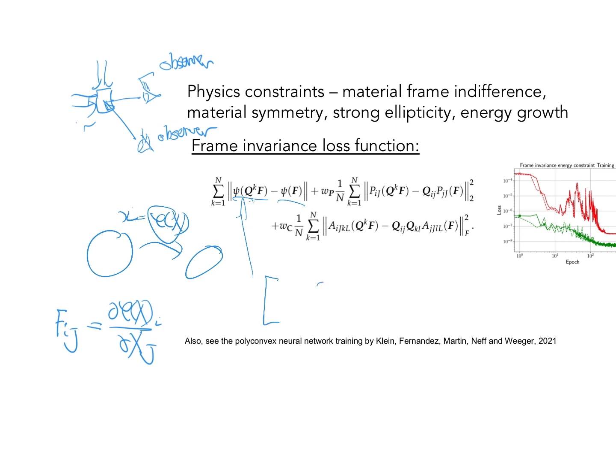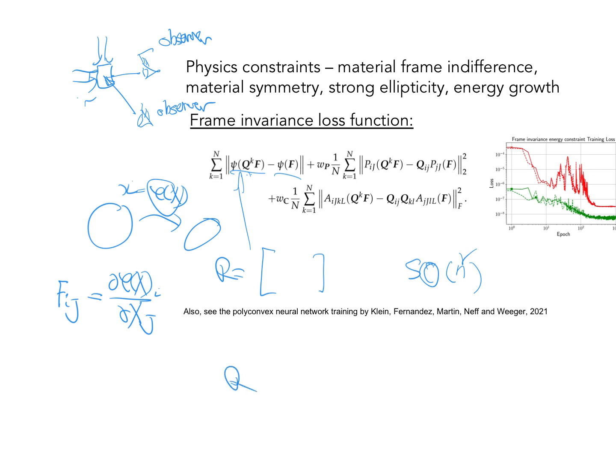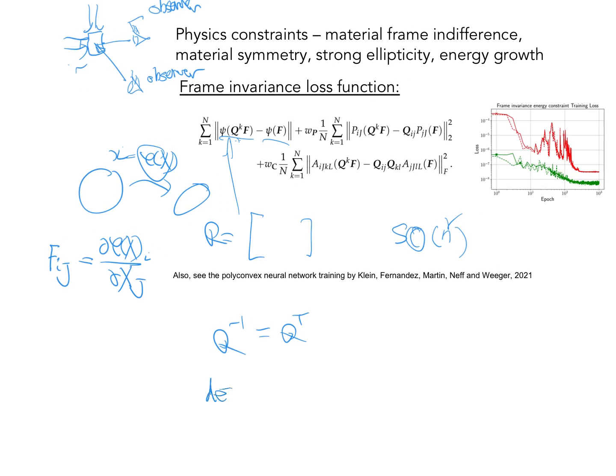If you remember from undergrad, a rotation tensor belongs to the special orthogonal group of n, where n is the dimension. A special orthogonal group is a very special tensor where the inverse is equal to the transpose, this is one criterion. Criterion 2 is that the determinant of Q is always equal to 1, not minus 1. Only positive 1. That would be any rotation.